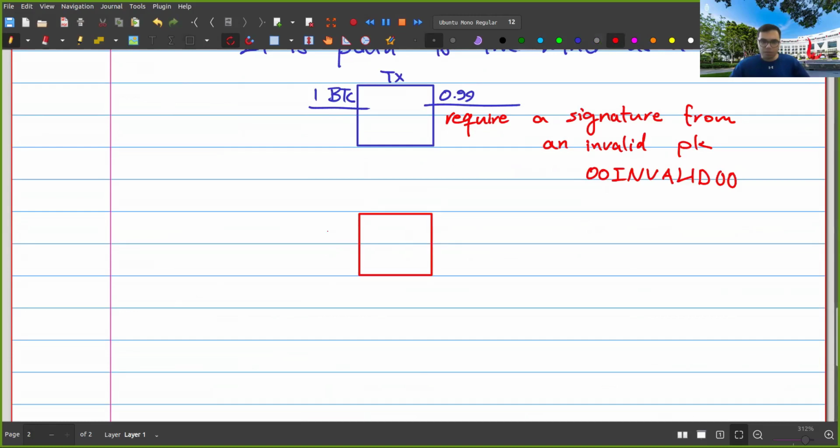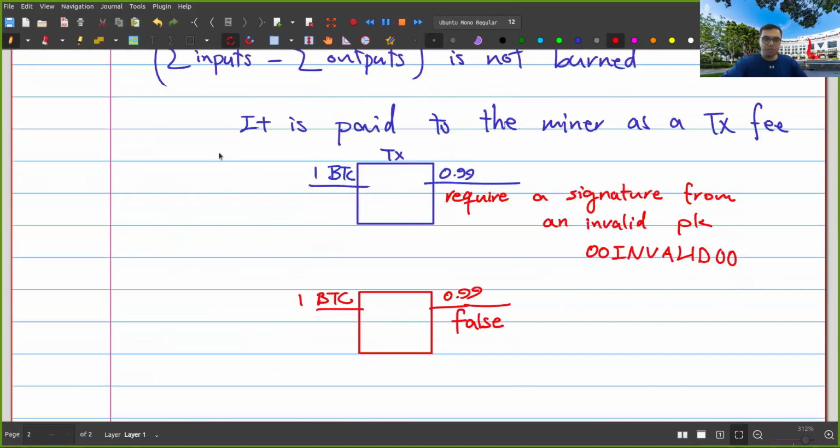Let's say I put 1 Bitcoin into this transaction, and I have some output, again, a little bit less because I have to pay some transaction fee. And then here as the script, I just write a script that always returns false. So it's a script that would never return true. It's a script that would never let you spend the money. So it's just burning the money. Okay, so this was the simplest use case of scripts.